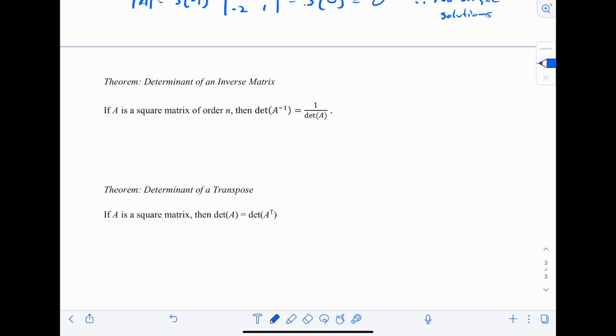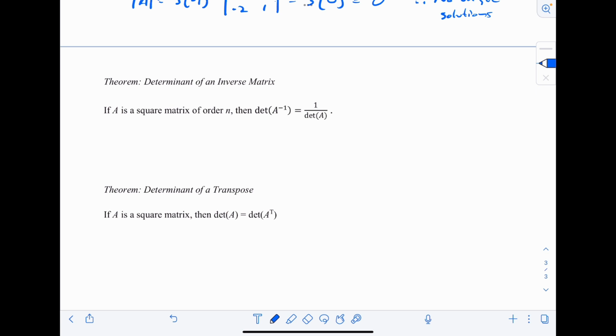And to find a determinant, I can decide which row or which column I'm going to focus on. Well, in A, the row that I pick would be the column in the transpose. So we can expect to get the same determinant there. So again, I'm not going to go through any examples of those. You'll practice that in the exercises, but just want you to be aware that those exist.